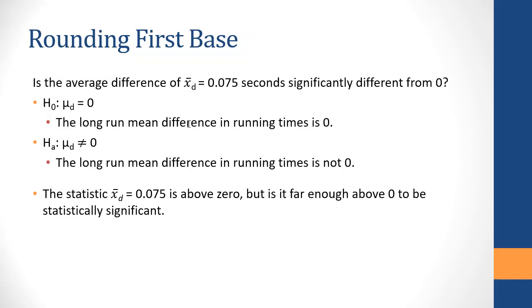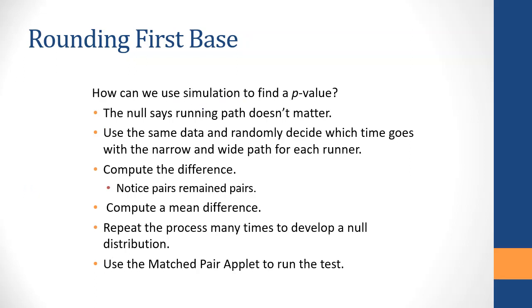On average, the difference in times between the two paths is 0. Or, on average, the difference is not 0. On average, there is going to be a difference in time between the two paths. Okay? And we got that statistic, 0.075. It's definitely above 0, but is it far enough above 0 to be statistically significant?